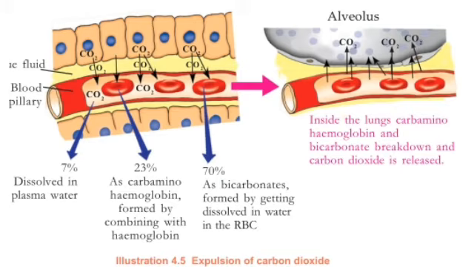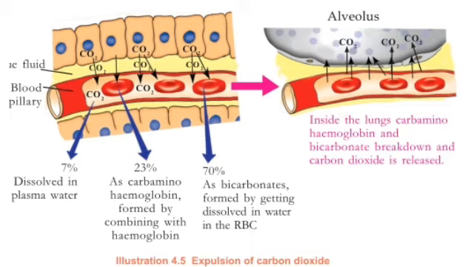About 7% of carbon dioxide dissolves in plasma water. 23% combines with hemoglobin to form carbaminohemoglobin, and 70% is carried as bicarbonate, formed by dissolving in water in the RBC.